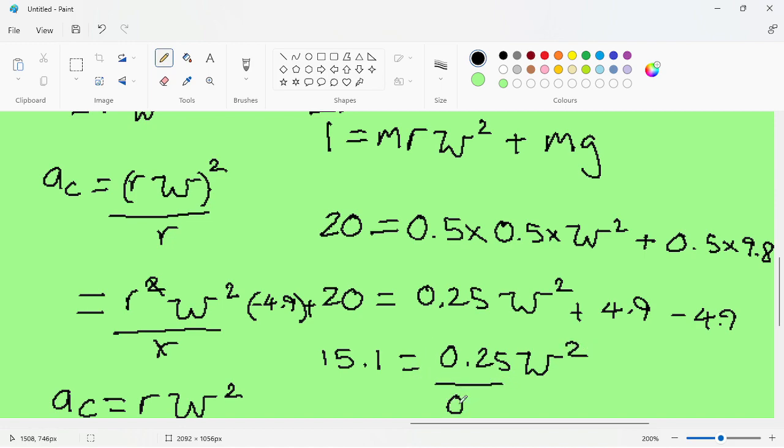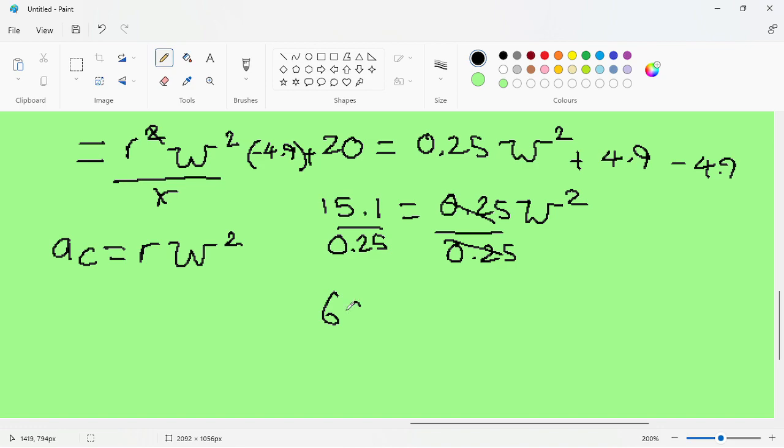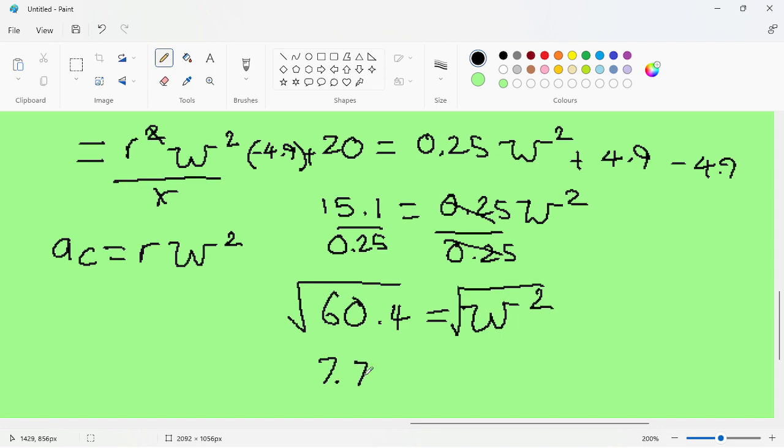Then we divide this side by 0.25 and do the same over here. The 0.25s on this side cancel, and we are left with 60.4 is equal to omega squared. Now we find the square root of this side and the square root of that side, so we get 7.77 is equal to omega.